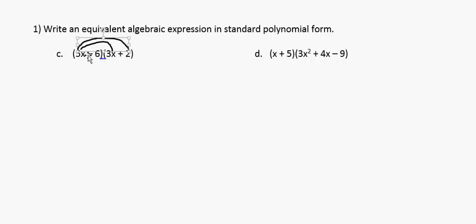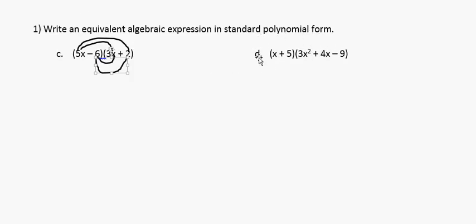Then I take the second term and multiply it by both terms: 6 times 3x, 6 times 2. Most of you are pretty good at that, so I'm not going to worry about showing you how to do that.